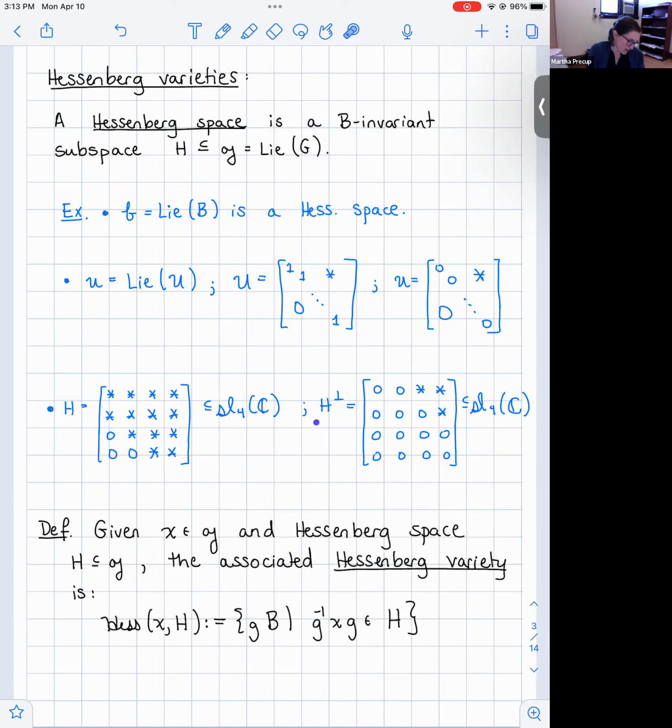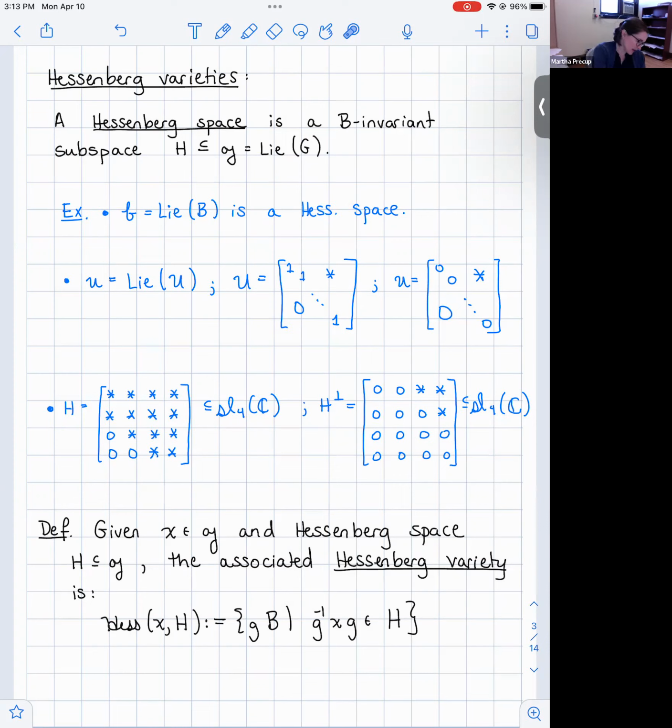You'll notice I call this H perp, because in fact, this is the orthogonal complement of this particular H under the Killing form in my Lie algebra. I could take this subspace of matrices where I've decided to let only these top 3 entries be non-zero, and then anywhere else I see a 0, I'm forcing entries to be 0.